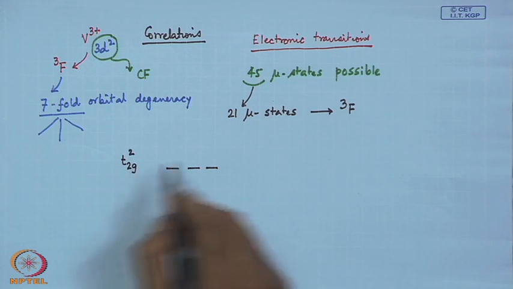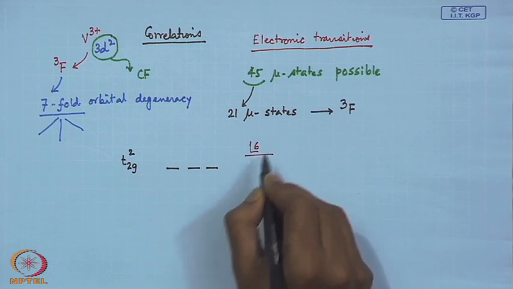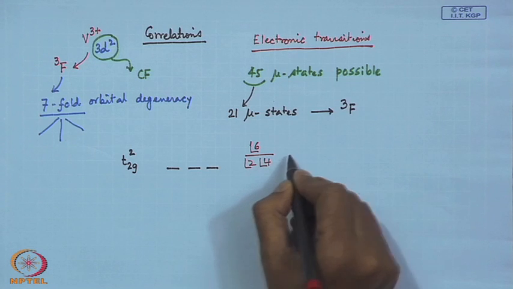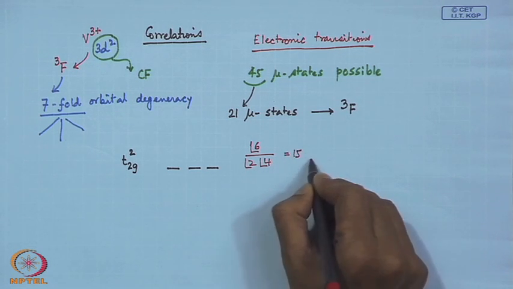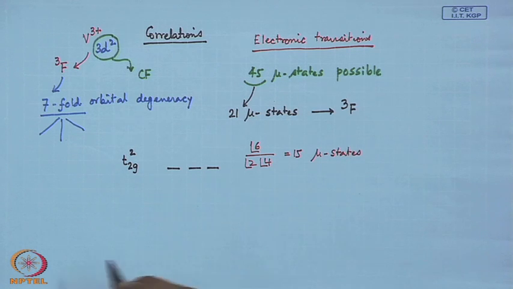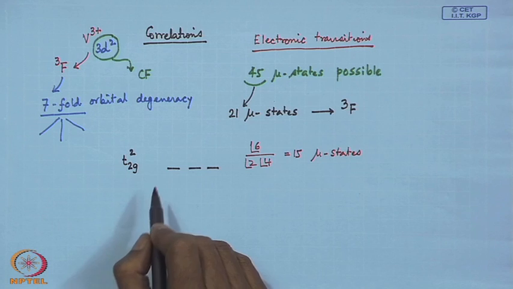So altogether we have 6 such orbitals available. So factorial 6 by factorial 2 by factorial 4, altogether 15 microstates possible for this T2G2 configuration.